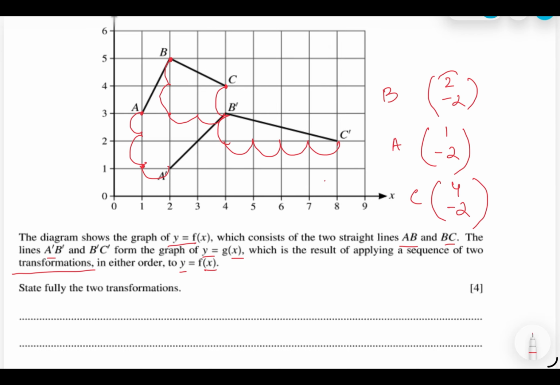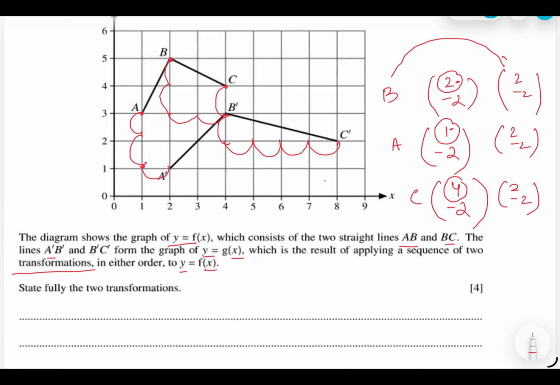If all of these translations would be common, for example (2, -2), (2, -2), (2, -2), then I would have directly written that there was one translation that was (2, -2). But it is not the case over here.